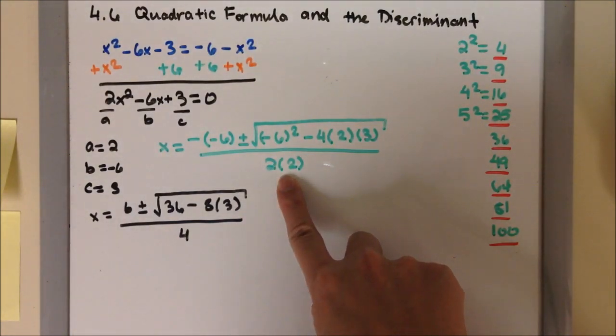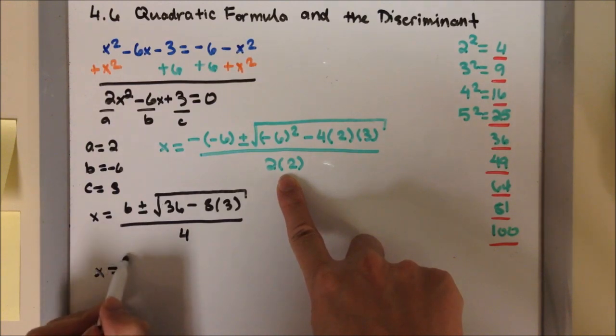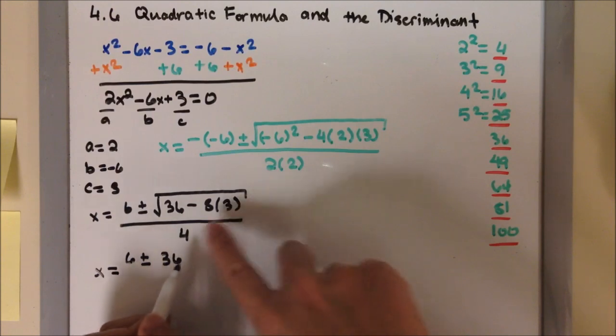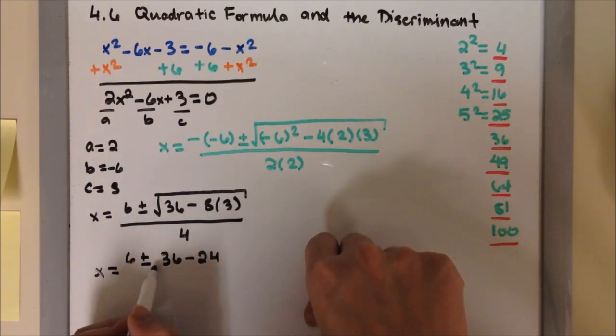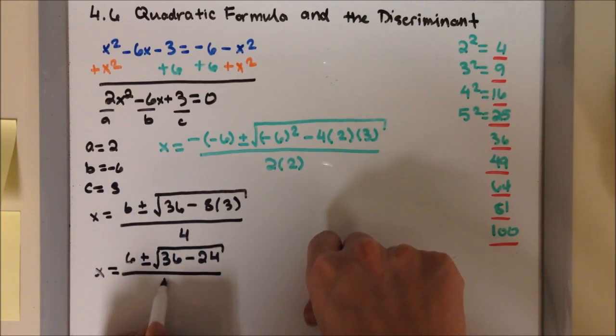So from there, I'm going to continue simplifying. So it's going to be x equal positive 6 plus and minus 36. -8 times 3 would be -24 over 4.